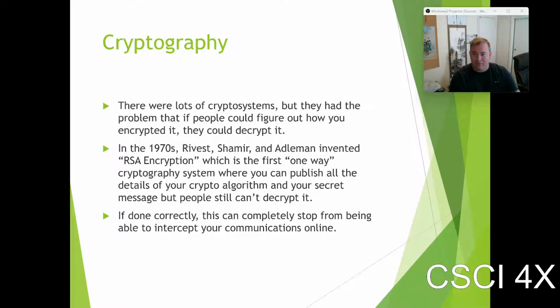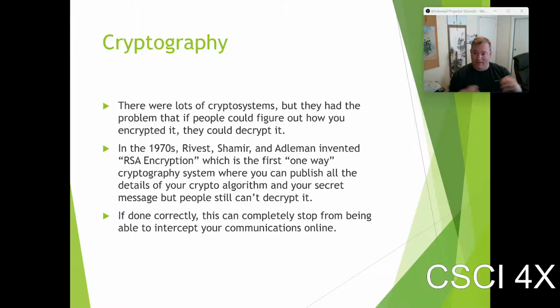If she wants to respond to me, I have to have a public key also. I publish a public key, and then she uses my public key to send me a message. It's encrypted in flight, and when it gets to me, I use my private key to decrypt it.